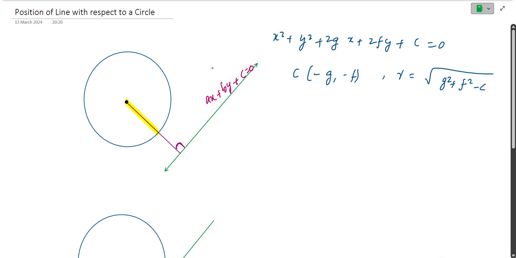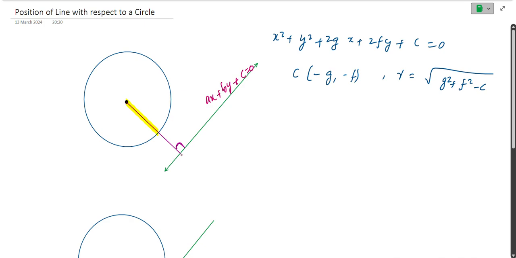Now I have this line equation and this circle equation. From the circle, I have the center and radius. What I have to do is, from the center of the circle, find the foot of perpendicular, or otherwise the distance between the center and the line.